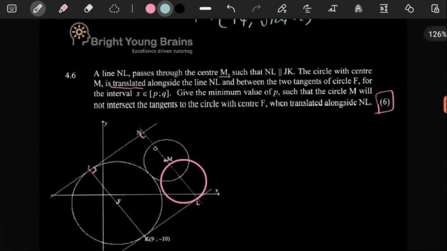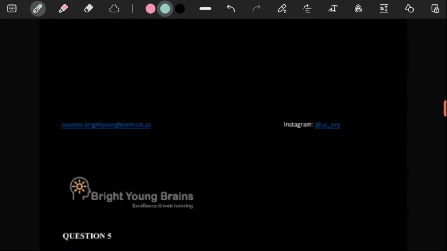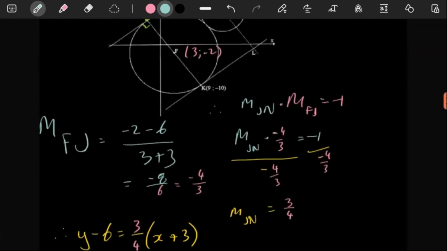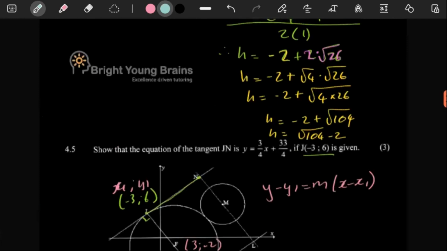But let's see. Since we're dealing with Ln, everywhere on this line you have coordinates. There's a coordinate up there and another all the way down here. That is one thing we know for sure. With analytical geometry, your questions always stack on each other. If you look at the previous question, we got the equation of Jn.